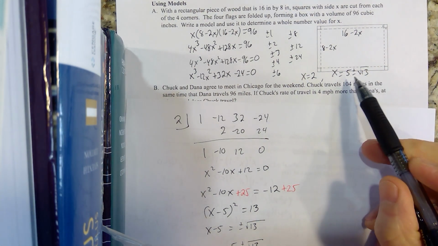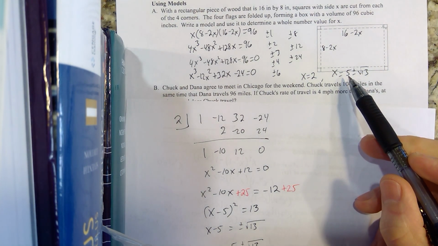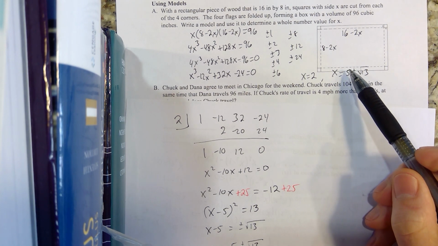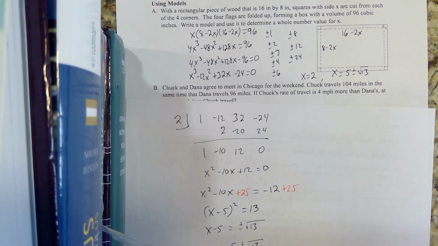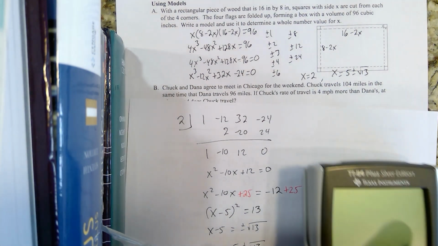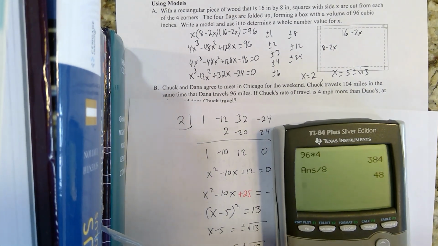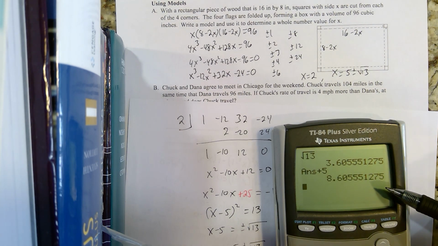Now, those are real numbers, but I'm noticing an issue, right? 5 plus the square root of 13. Okay, so the square root of 13 plus 5, this is exceeding 8. Okay, so this is going to be too large of a value.